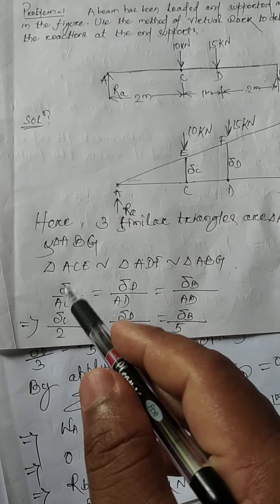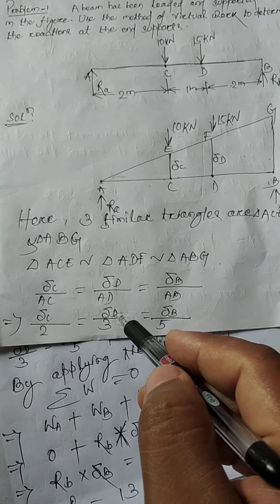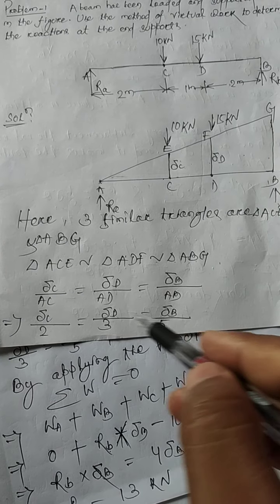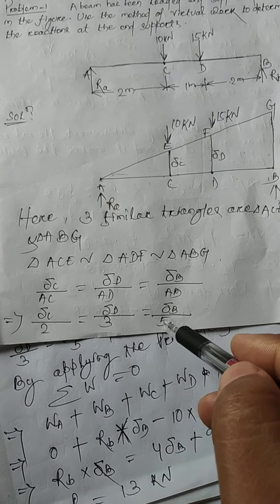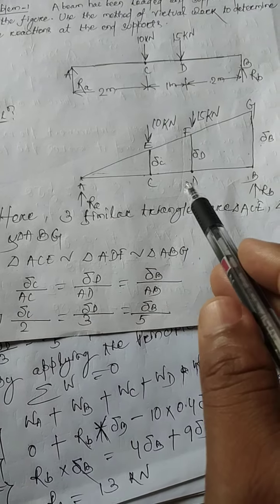So del C by 2 is equal to del D by 3 is equal to del B by 5. Why 5? AB is equal to 5, and AD is equal to 3.